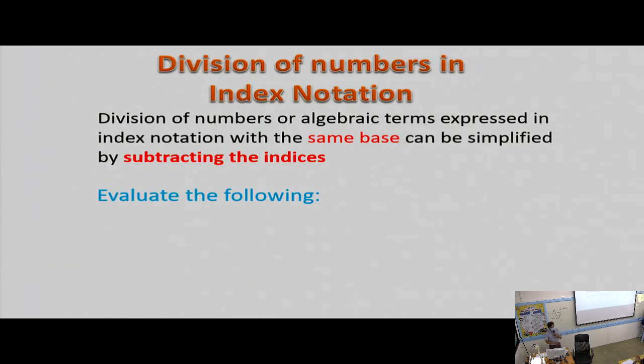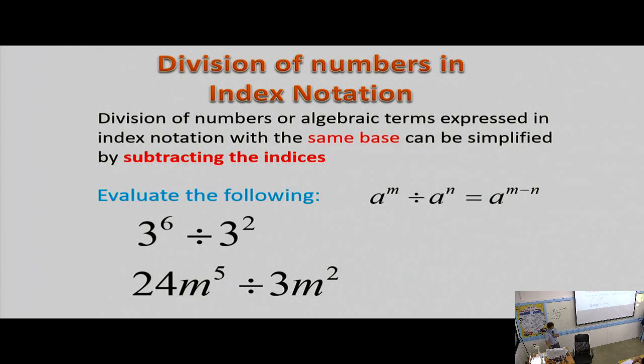Okay? So, in dividing exponential numbers, like this one, the rule is, if they have the same base, you are going to subtract the exponent. So we have here a to the power of m divided by a to the power of n.